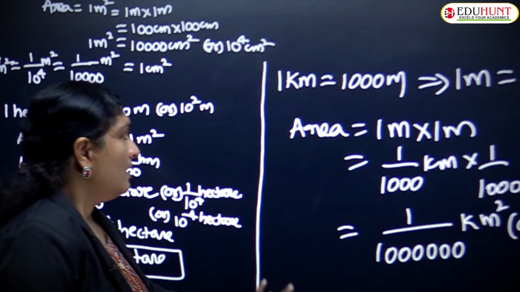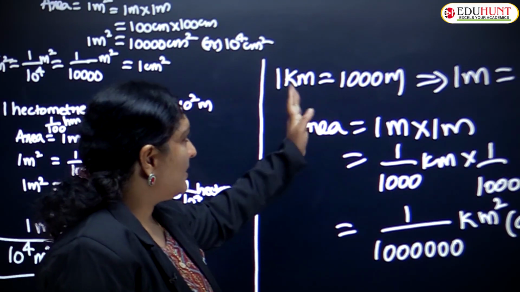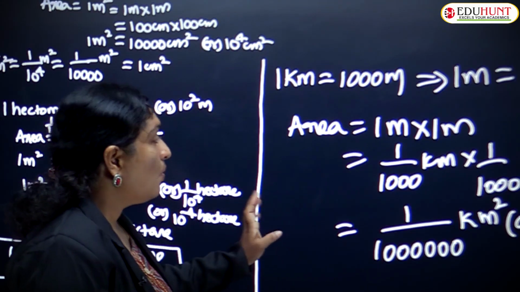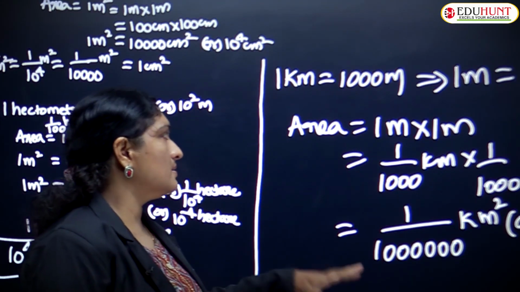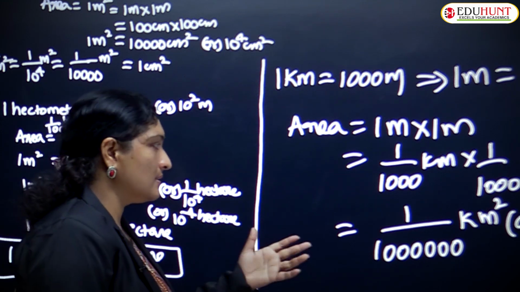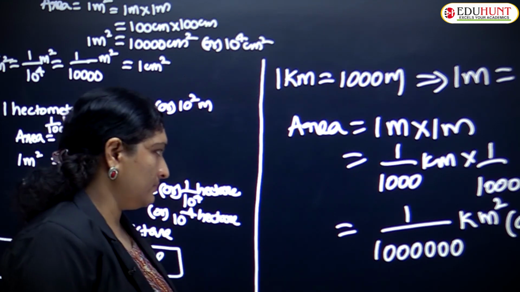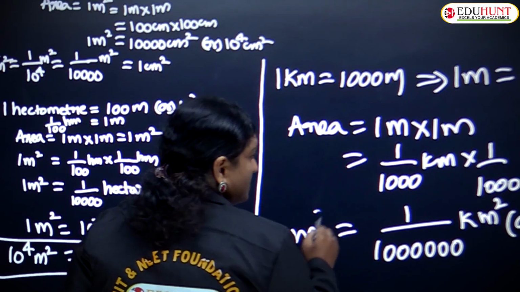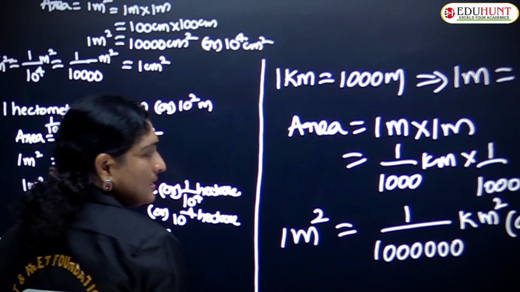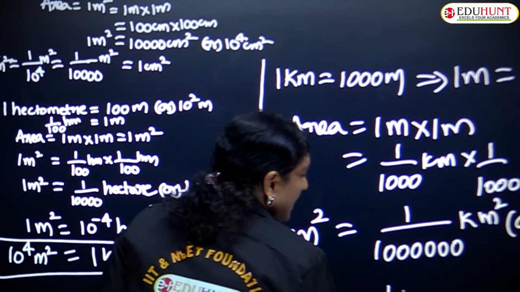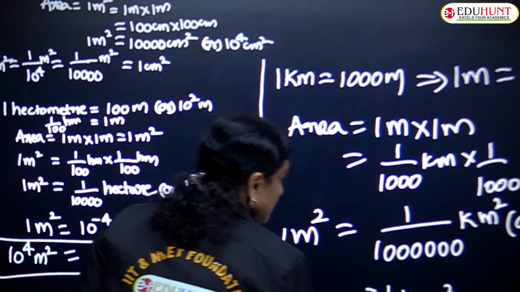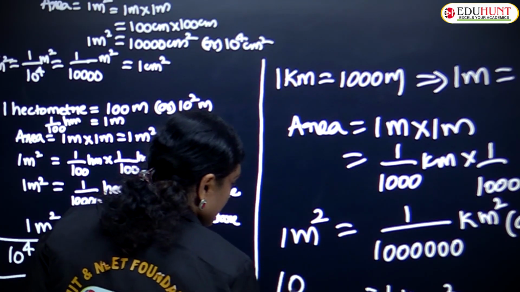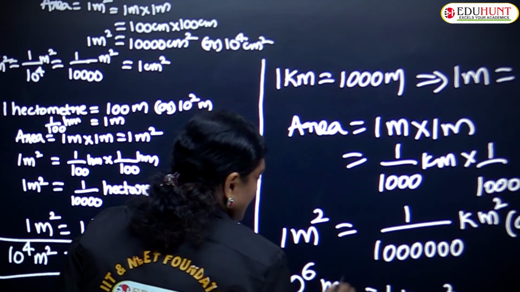Similarly, 1 kilometer is equal to 1000 meters, or 1 kilometer square is equal to 10 power 6 meter square. So, 1 meter square is equal to 10 power minus 6 kilometer square, or 1 kilometer square is equal to 10 power 6 meter square.